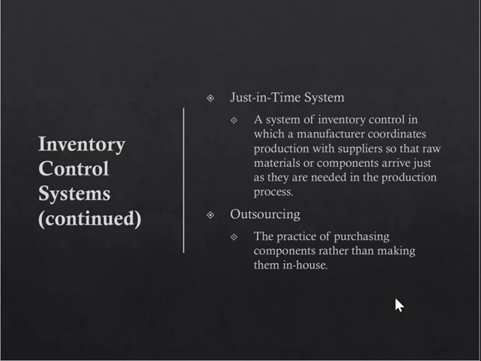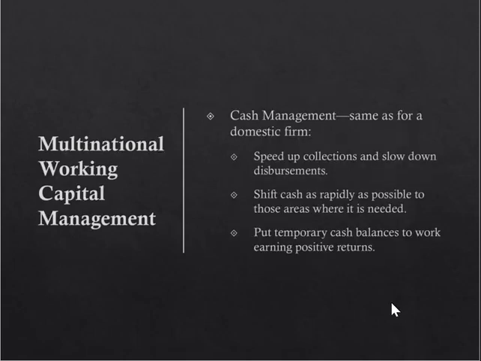When you look at multinational working capital management, you've got a couple elements to think about. You've got to think about the speed of collections and the speed of disbursements. You're going to want to be able to shift cash as rapidly as possible to those areas where it's needed, which may be overseas.